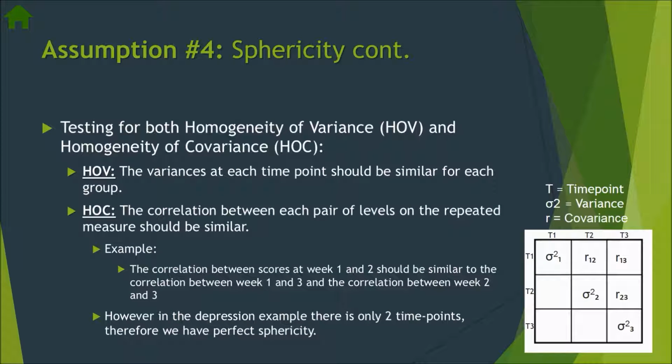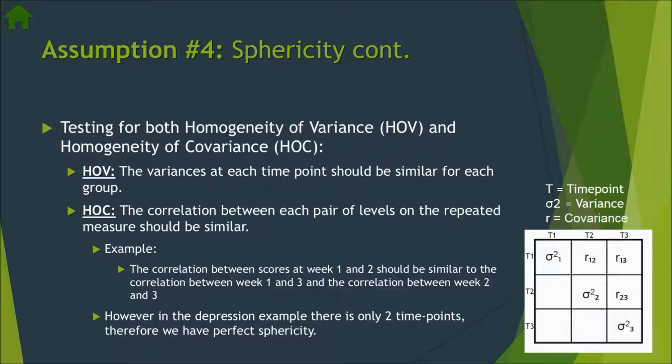Okay, assumption number 4 is sphericity. Now, sphericity is quite a complicated assumption to understand, and you use sphericity mainly in a one-way repeated measures ANOVA. However, because there is a repeated measures element to the mixed model ANOVA, we still need to test for sphericity.